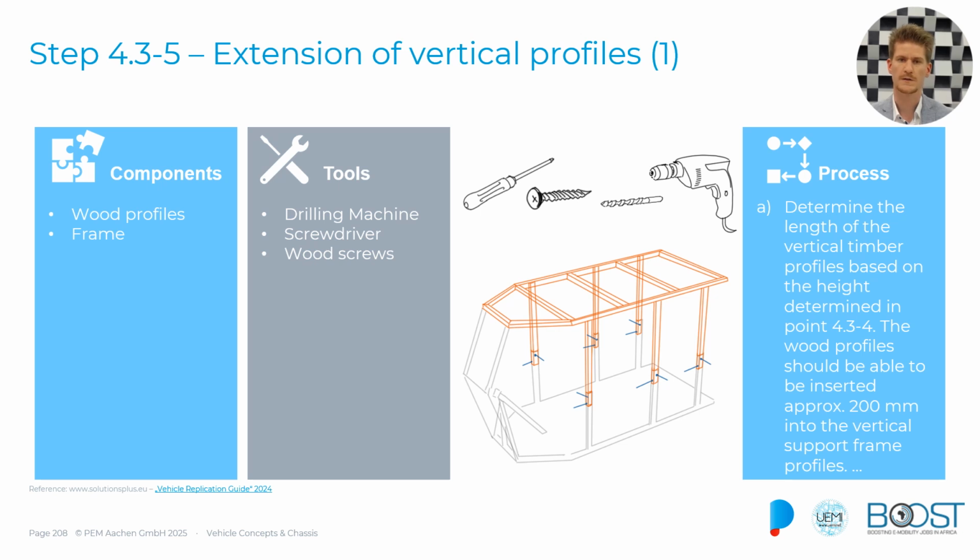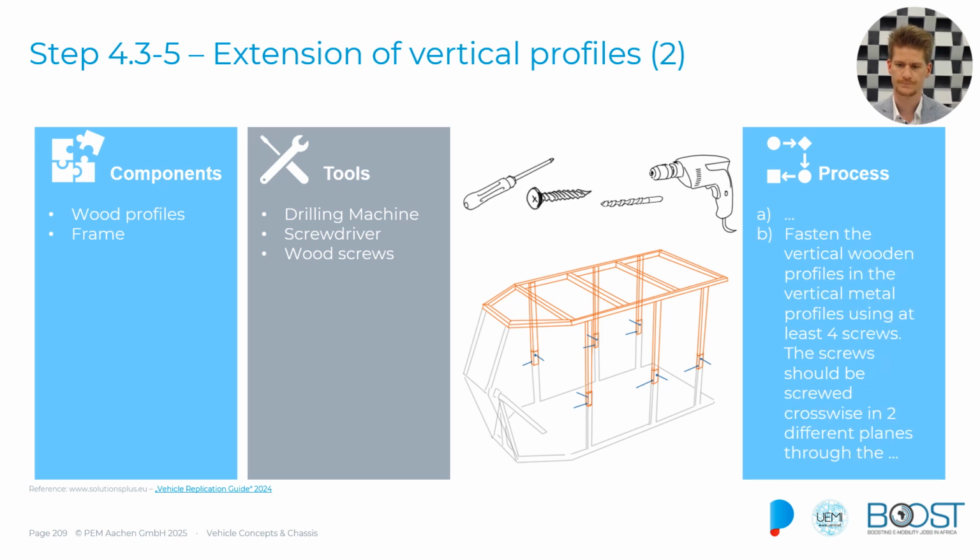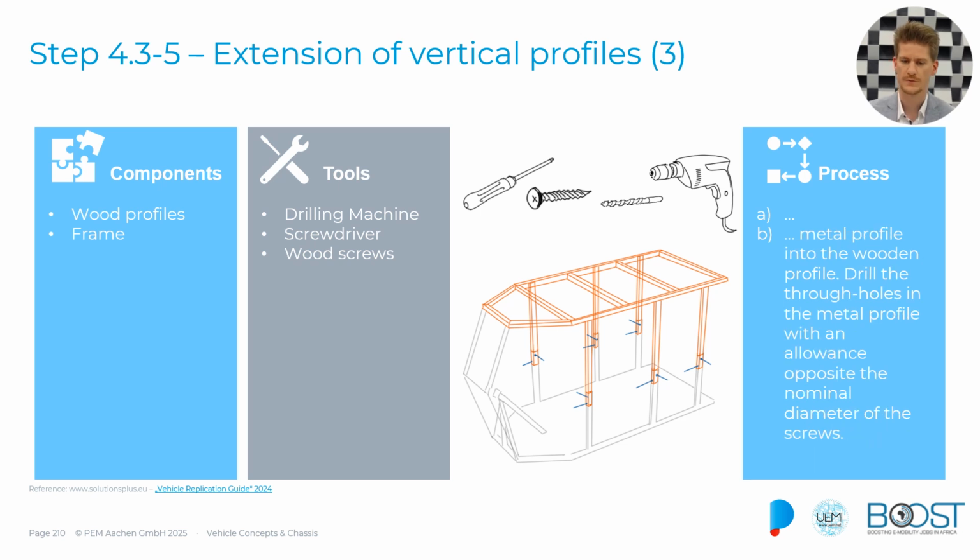as we can see in the next stage, through these support frames, and then we will actually secure them with wood screws so that the whole roof profile is then secured and fastened.